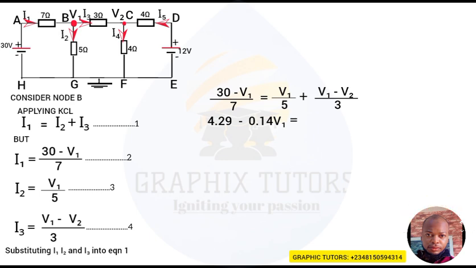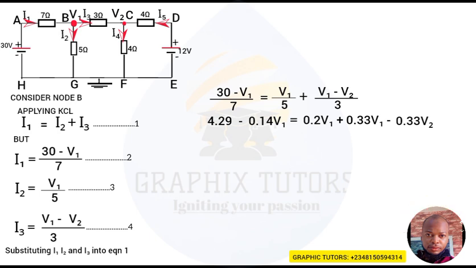So 1 divided by 5 will give us 0.2 V1. Plus, the quotient of V1 here is also 1. So 1 divided by 3 is given as 0.33 V1. Is that taken? Minus, the quotient of V2 here is 1. So 1 divided by 3 again, given as 0.33 V2, because it's V2 that is there. So this is the equation that we have here.